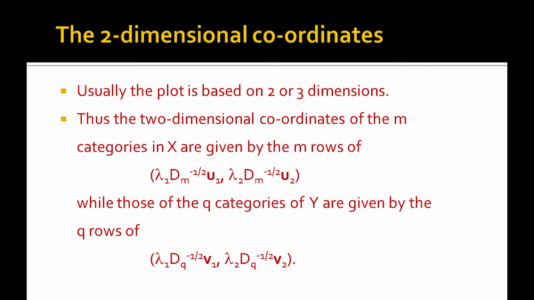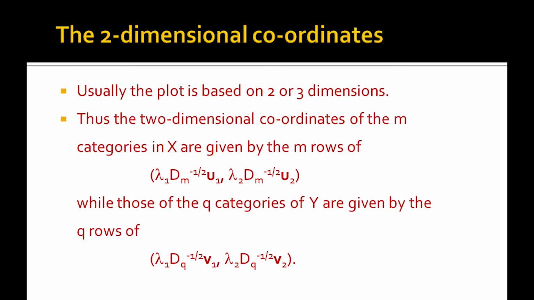Now usually the plot is based on 2 or 3 dimensions. The 2-dimensional coordinates of the categories in x would then be given by the rows of lambda 1 Dm to the power minus half u1 and lambda 2 Dm to the power minus half u2. If you look at this carefully, you see that Dm is of dimension m, and you multiply this by u1, you get a vector of dimension m. So the first one is a vector of dimension m multiplied by lambda 1.